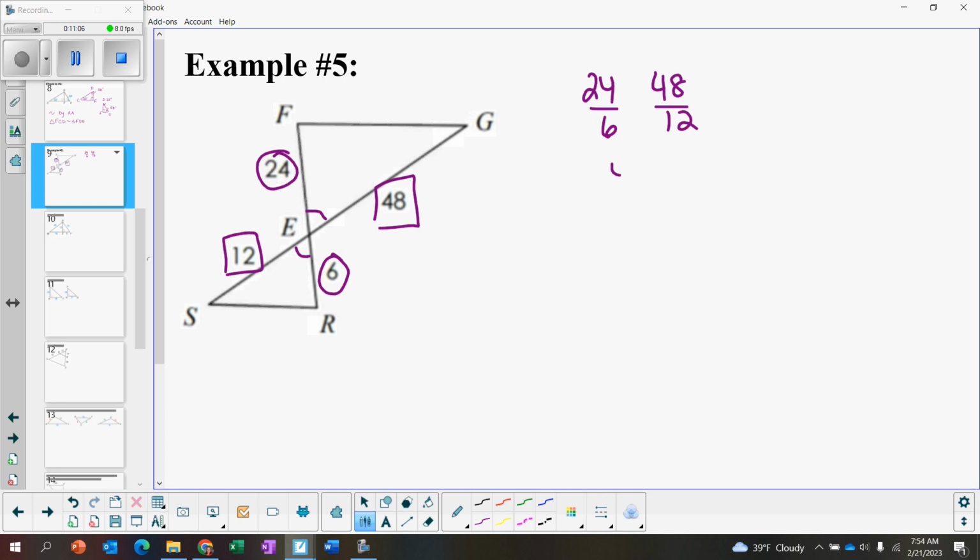So this reduces to 4, this reduces to 4, that's equal. So these are similar by SAS. So the triangle FEG. So notice I started on the side with a congruent angle and circle. Congruent angle, circle, RE.